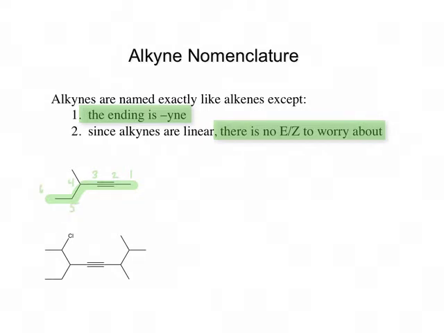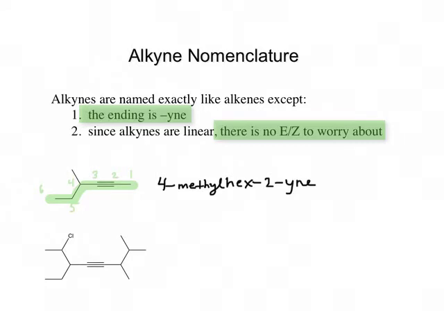From here on out it becomes pretty straightforward. You can see I have a methyl at number 4, so we will have 4-methyl. Now there are 6 carbons in the parent, so it's going to be hex, and then the alkyne occurs at number 2, so hex 2-yne. So 4-methylhex-2-yne.